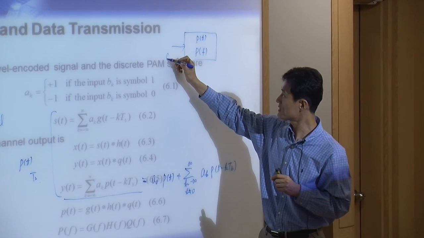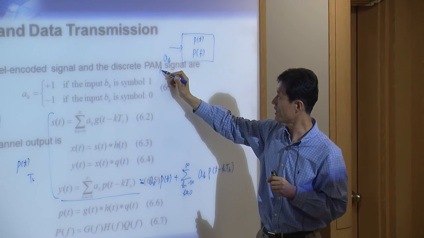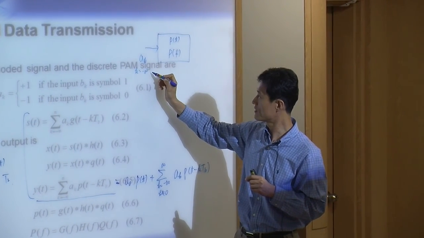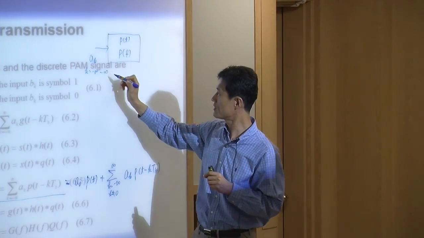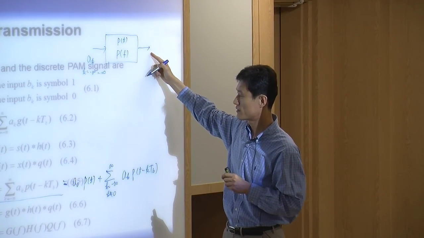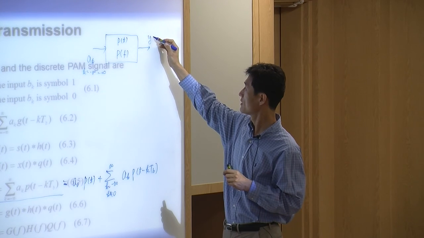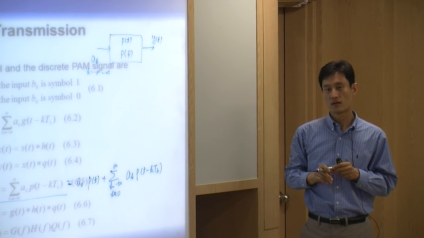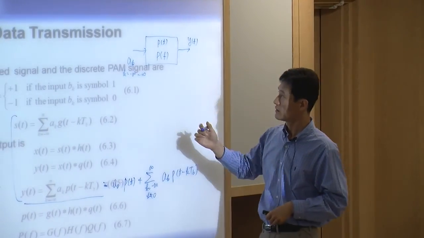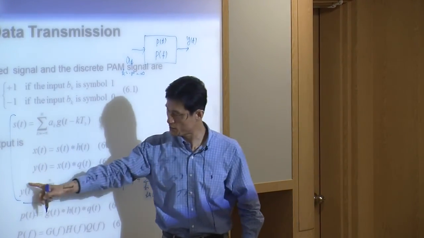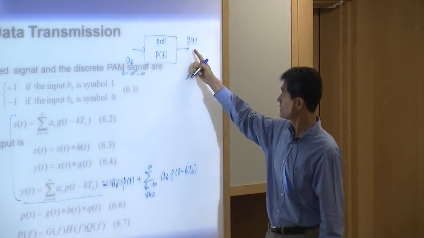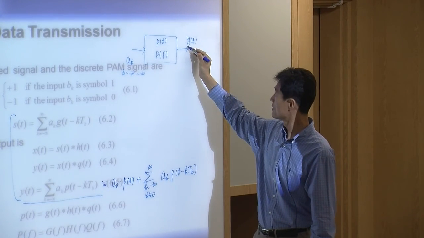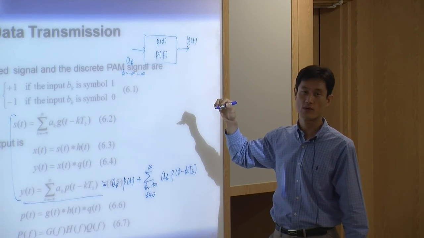Our input is AK, and K is from minus infinite to infinite. And we have output, which is YT. Something like this, right? What we want is that this output YT is when k equal to 0.